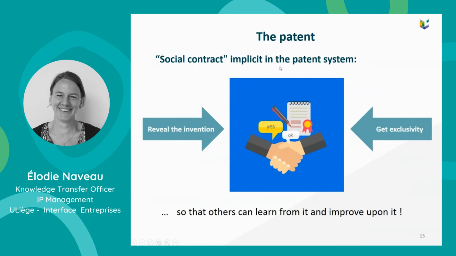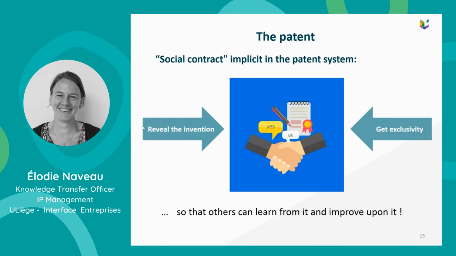Something I want you to remember for this course is that the patent is an exchange between the society and the inventor. For the society, the inventor has to reveal the invention. He has to explain how he does it. So that's also a way to enhance innovation, because through this obligation of revealing the invention, you have more ideas that are available for the public.